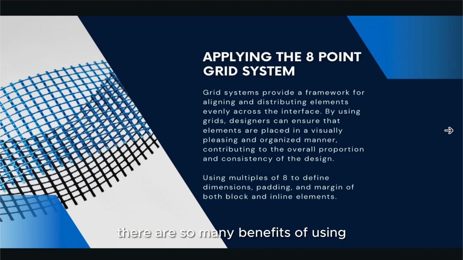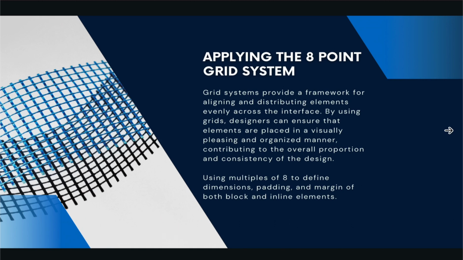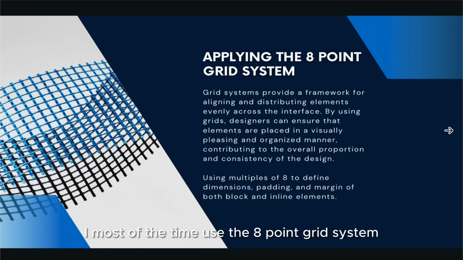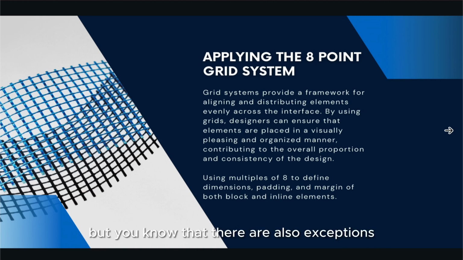There are so many benefits of using the 8-point grid system, and that's something I also use when I'm designing. In fact, I basically do not even use the golden ratio. Most of the time I use the 8-point grid system because it helps my work get perfect alignment. But you know that there are also exceptions, so you can still make use of even numbers.